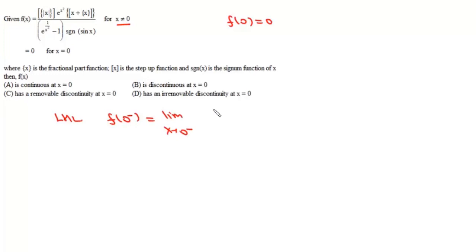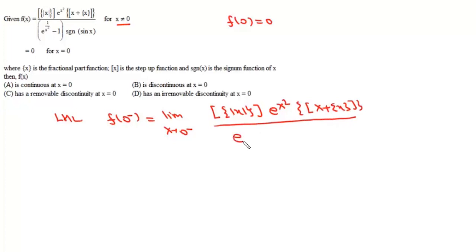x tends to 0 negative, and then greatest integer function of fractional part of mod x into e to the power x square, plus fractional part of greatest integer function of x plus fractional part of x, upon e to the power 1 upon x square minus 1, into signum of sin x.